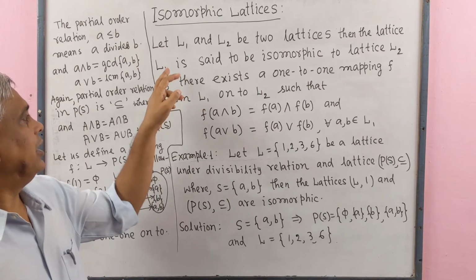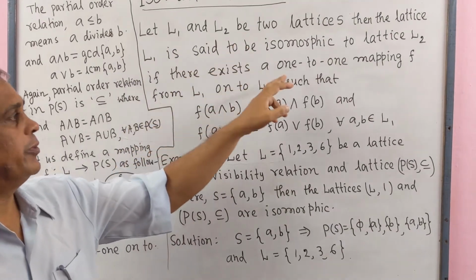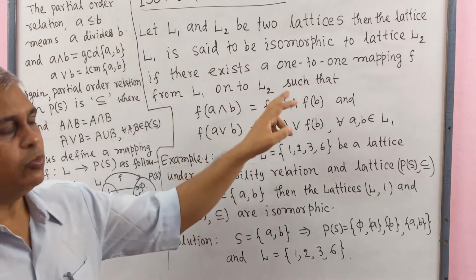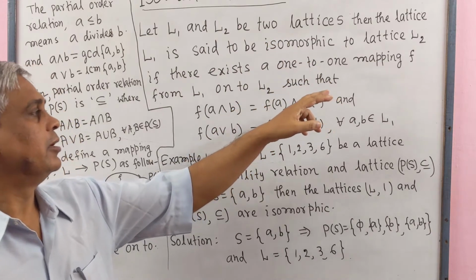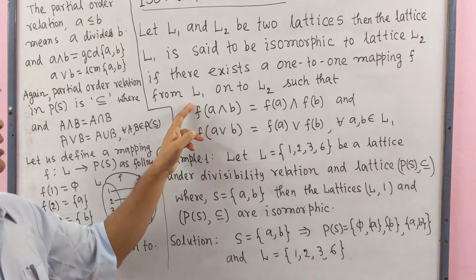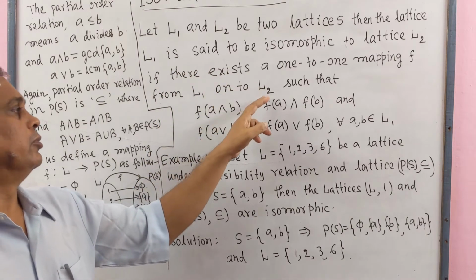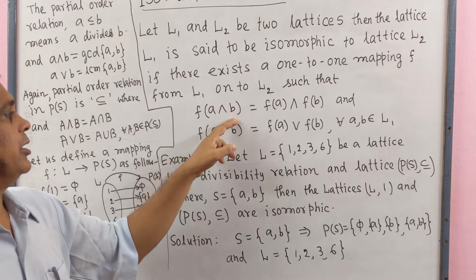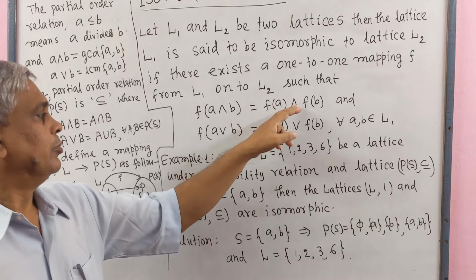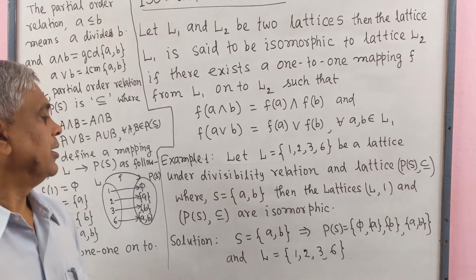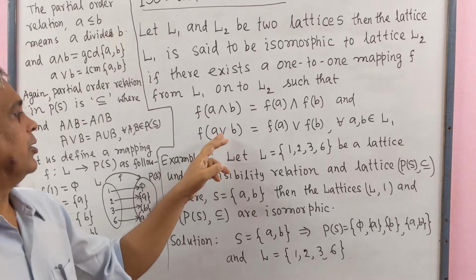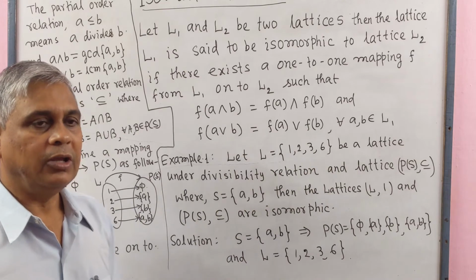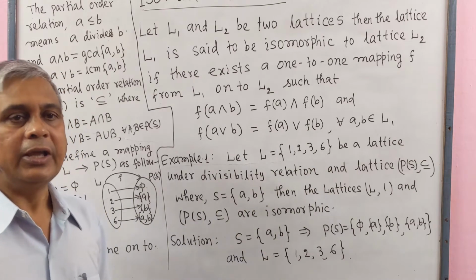Then the lattice L1 is said to be isomorphic to lattice L2 if there exists a 1-1 mapping f from L1 onto L2 such that f(a meet b) equals f(a) meet f(b) and f(a join b) equals f(a) join f(b) for all a, b belonging to L1.